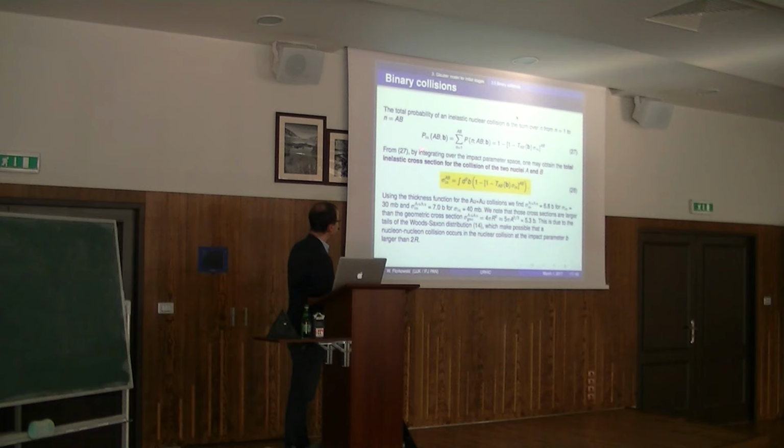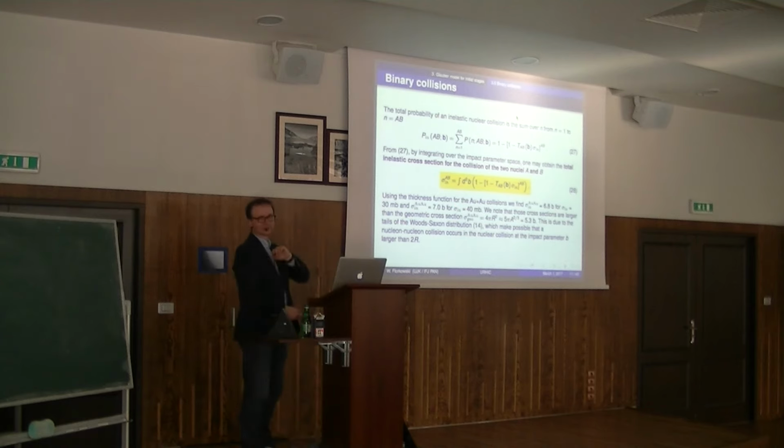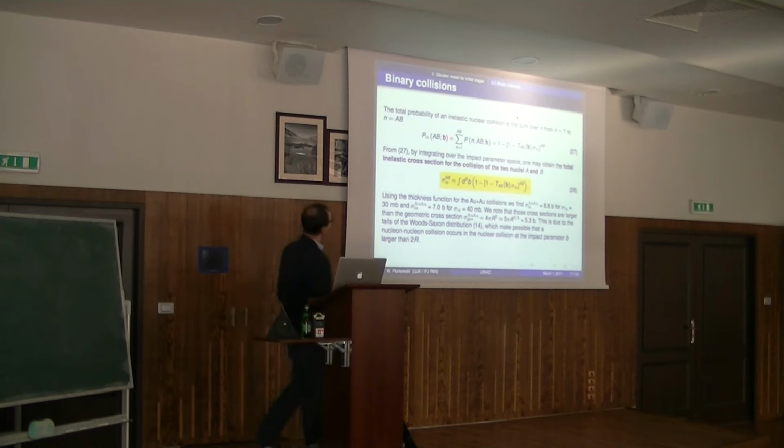You can play such games and continue playing them. You can also calculate the total probability of an inelastic nuclear collision. It's the sum over all n from n equals 1 to n equals AB. N equals 0 means that you have no collision. So if you sum all the other probabilities, you have the probability for inelastic nuclear collisions. Again, using some simple formulas for polynomial distributions.